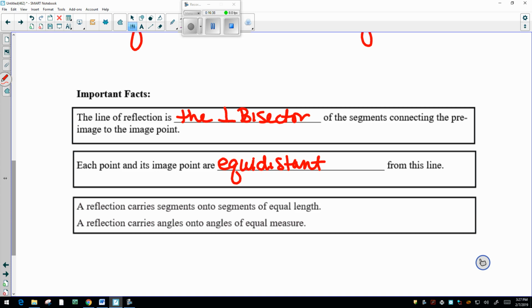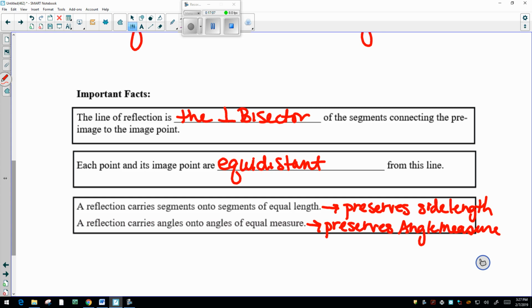And these last two, our reflection carries segments onto segments of equal length, meaning it preserves size. So we had talked about that when we said preserves the side length measure. That's what this is talking about. And a reflection carries angles onto angles of equal measures. So when we had said it preserves angle measures, that's just a different way to say this.